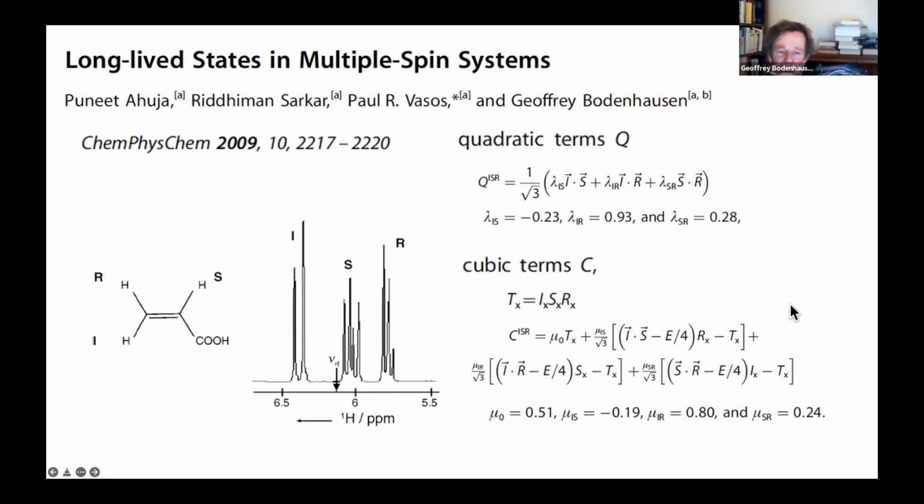But after doing a more careful analysis, it turned out that indeed there is such a thing with a coefficient mu0, which is 0.5 in this case, but it is, shall we say, contaminated by a superposition, a sum of a little bit of IS, from which you have to subtract some of the unity operator multiplied by Rx. So this is again a cubic term minus Rx, and a little bit of a term that comes from the IR product and another term from the SR product.